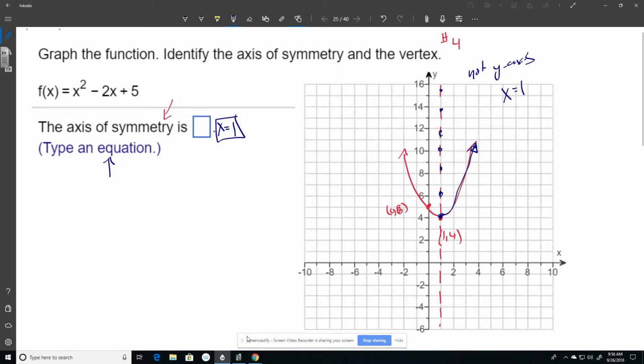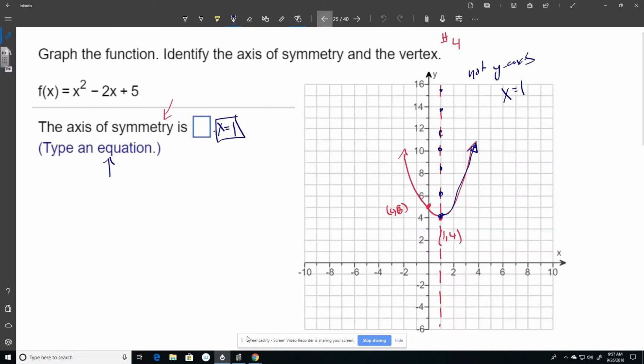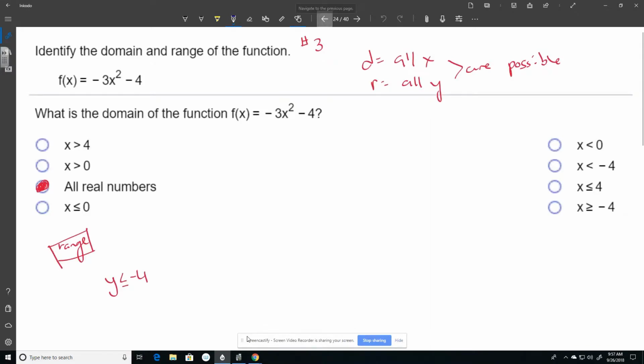All right, number 5, solve the equation by finding square roots. So now we're solving, we're looking for when the graph crosses the axis.